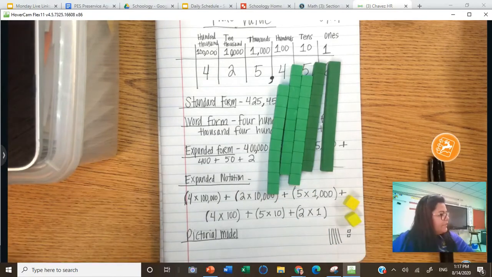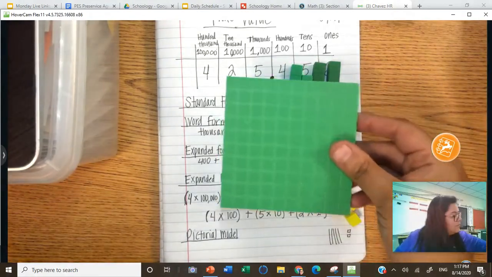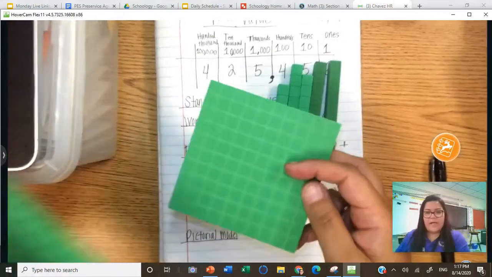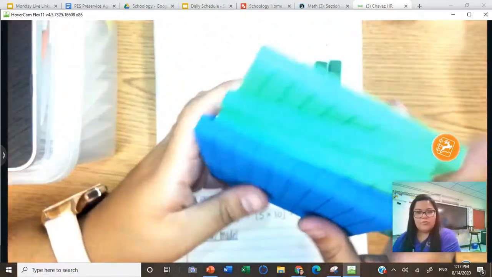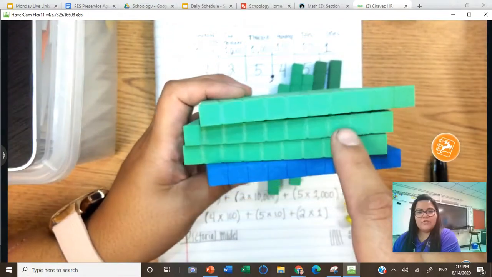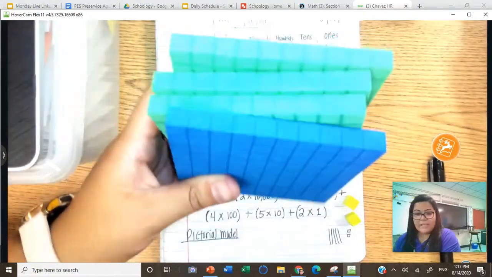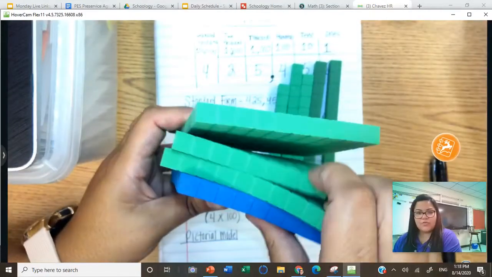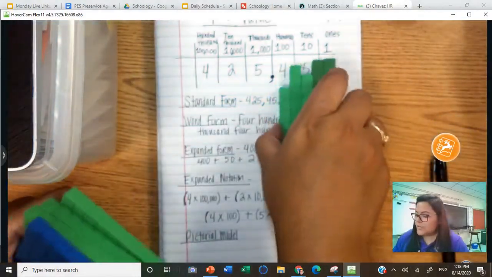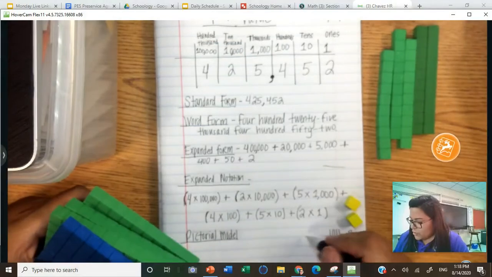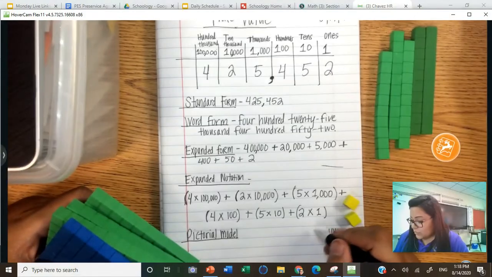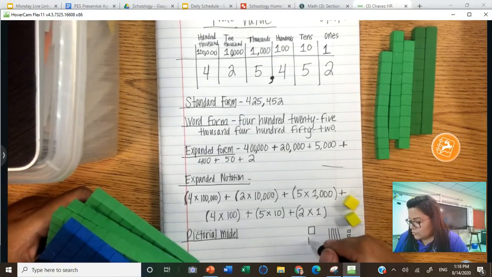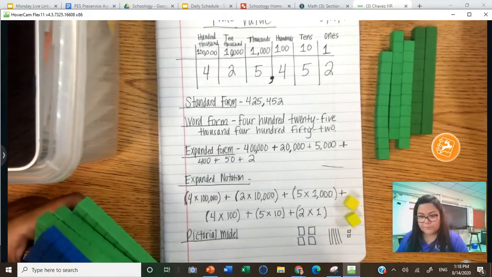Now I'm going to the hundreds. Okay? Here I have 1, 2, 3, and 4. I have 1, 2, 3, 4. Each one of those is 100. Remember, 100, 200, 300, 400. So I'm going to draw these using big squares now. So 1, 2, 3, and 4.